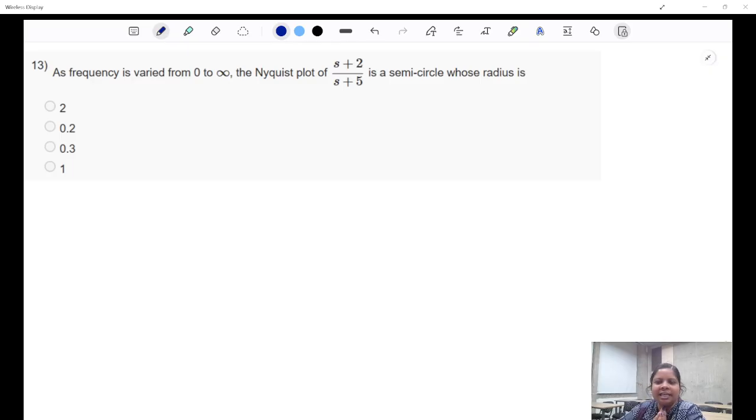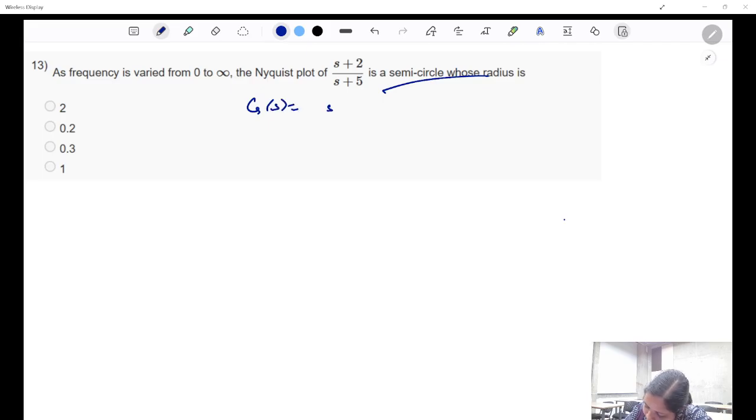As frequency is varied from 0 to infinity, the Nyquist plot of this transfer function is a semicircle whose radius is what? Okay. So let's do this. Since it has already said it is a semicircle, we are going to just find out the middle point. So what we'll do?